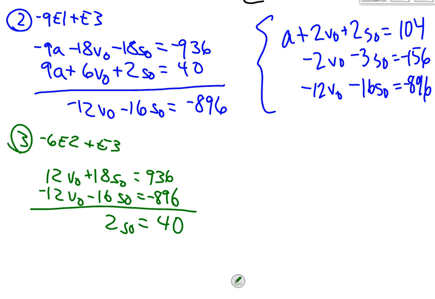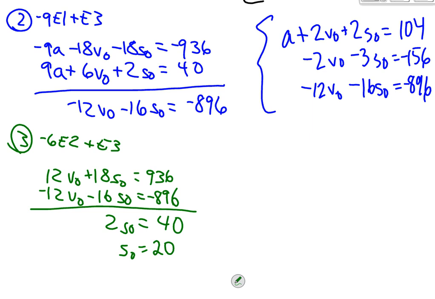And so actually, look at what we've got. We've got two of those. So I might right now say to myself, I think I want to get everything in row echelon form. What would I do for this one? Divide by 2. So that means S0 equals 20, correct?